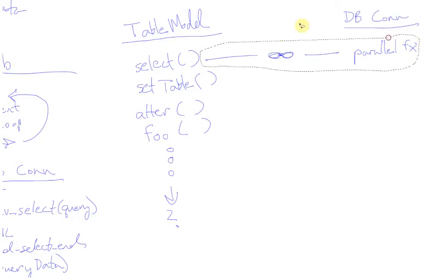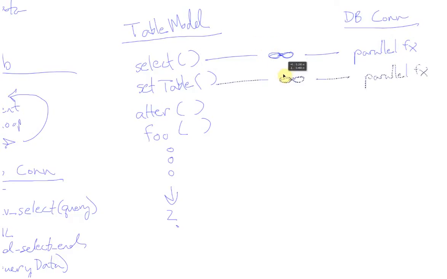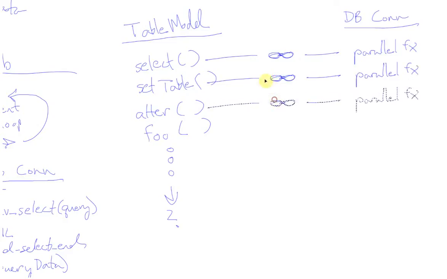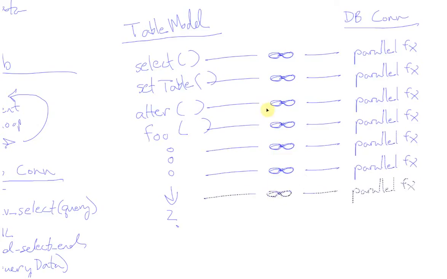And it'll be fun. I can use a cool aspect of Photoshop here. So we're always going to have to add new ones each time we want to add another function to table model.